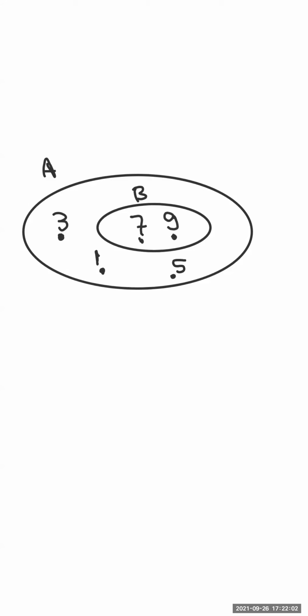So my question now, guys: what do you think about the elements of A? It will equal the set of, and B will equal the set of. So how can we solve this question?